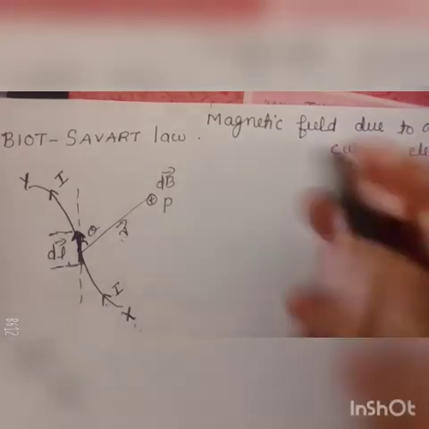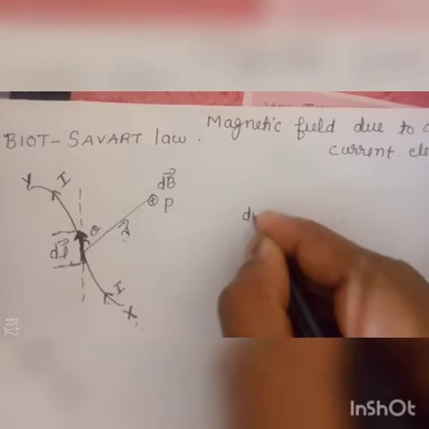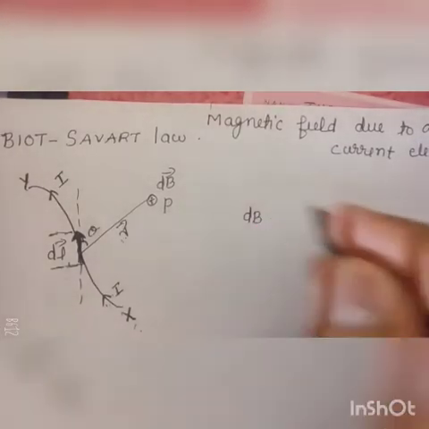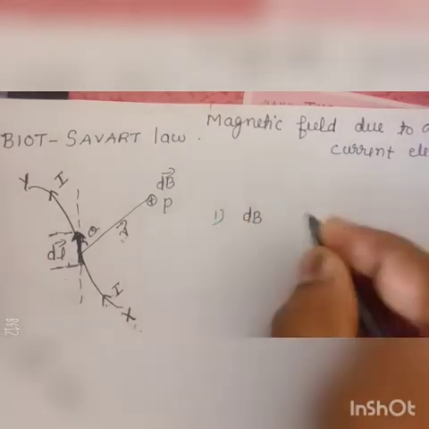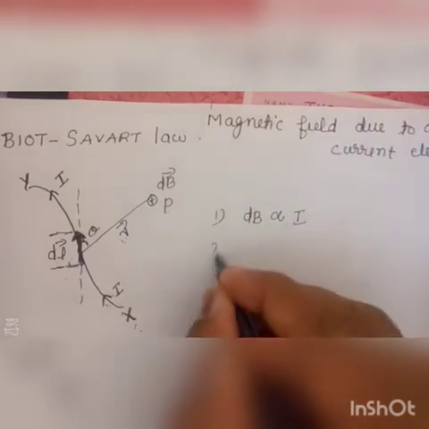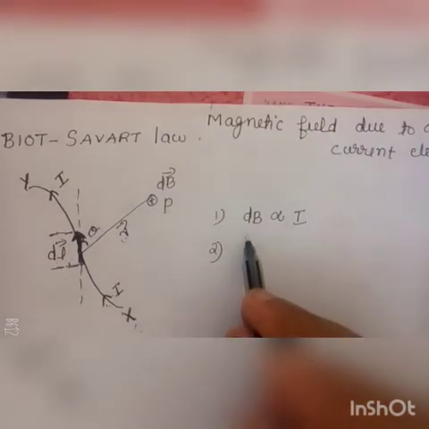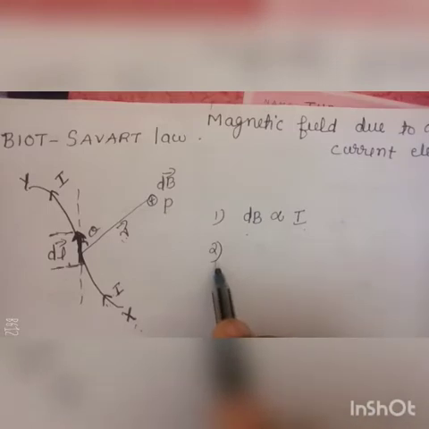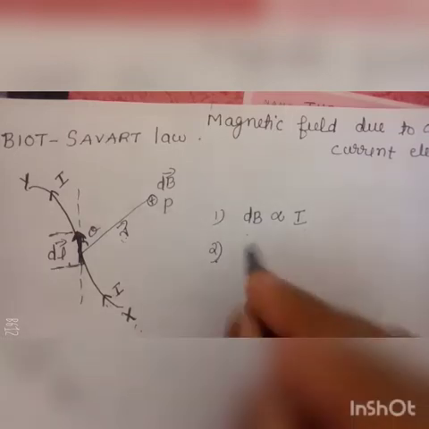According to the Biot-Savart law, the magnetic field dB is proportional to the strength of the current I. Second, dB is directly proportional to the length of the current element dl.